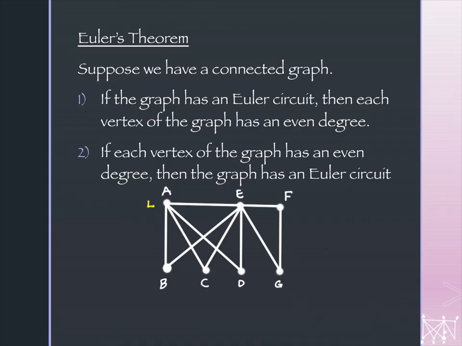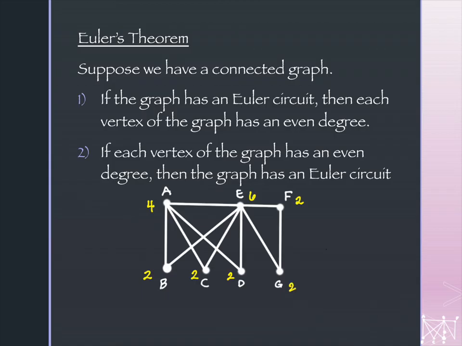It's 4. How about B? 2. C? 2. D? 2. We'll just go in alphabetical order. E. I got 6, yeah. 6. F? 2. And G? 2.